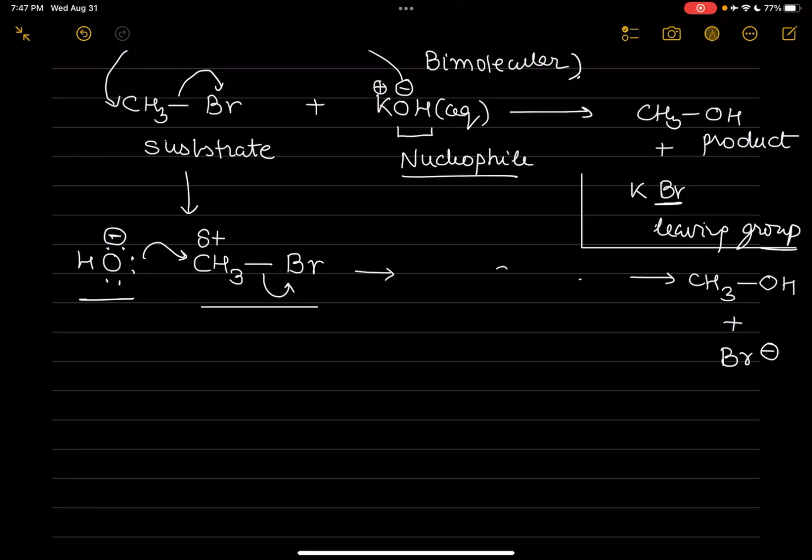Okay, the structure will look like this. If you take a picture in between, when the reaction is not complete, it will look like this. So what I have drawn is known as the transition state.